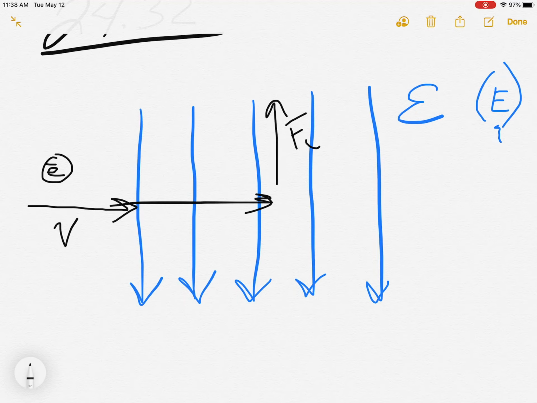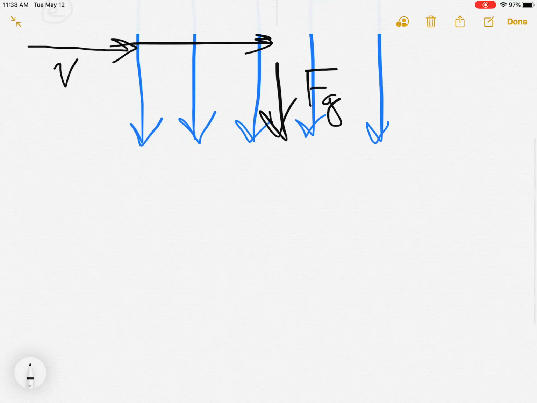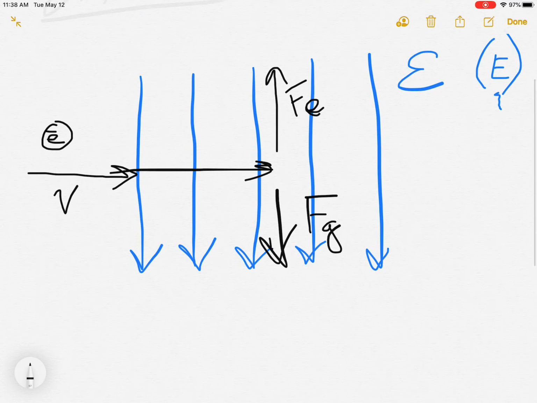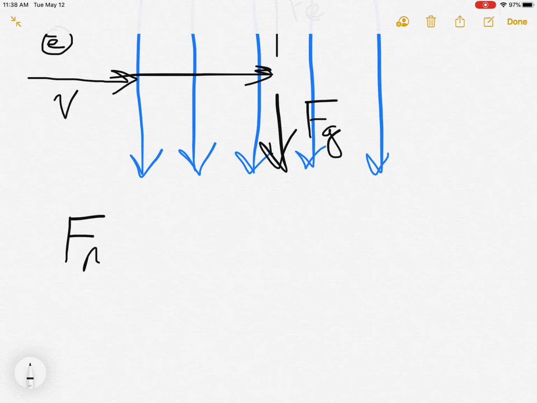So that's what's happening. So now if we draw, once the particle gets into the field, once it gets in here in the middle, it's going to have an upward force caused by the electric field, right? And a downward force caused by gravity. And so if we were to do a net force on this, we would have to look at the X and the Y. You'll notice that there is nothing forcing it sideways.